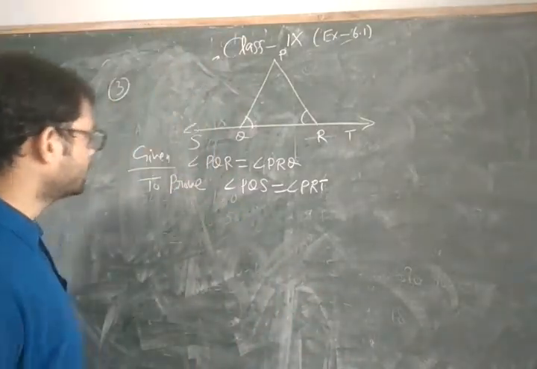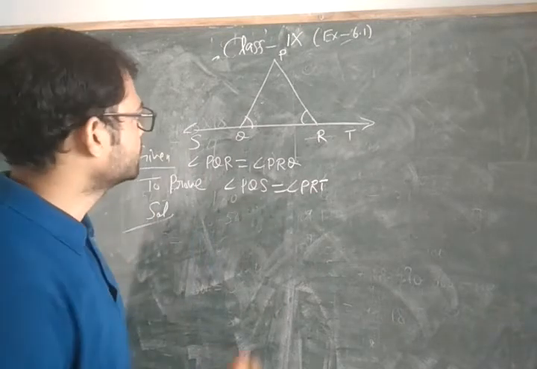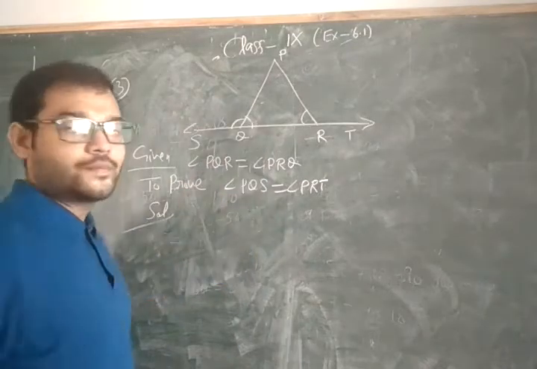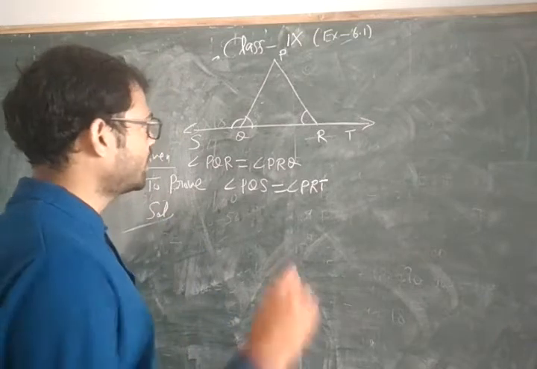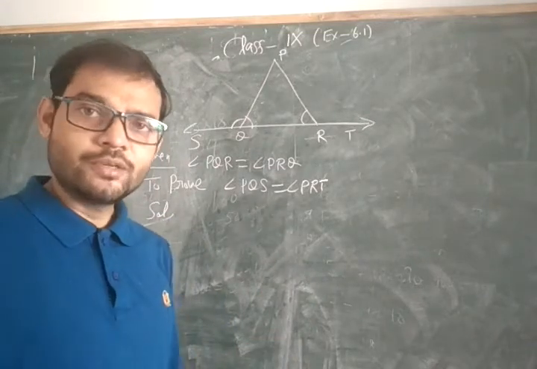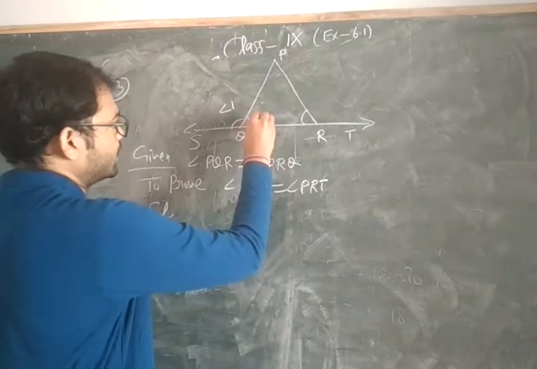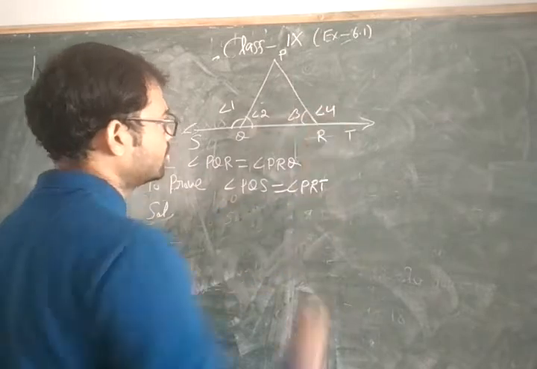So for that, first of all, you can see that if I am adding this and this, it becomes 180, means your linear pair. Before starting, I will give names to make it simple. So I write the names as angle 1, this is 2, this is 3, and this is 4.